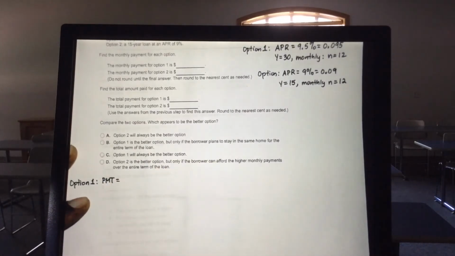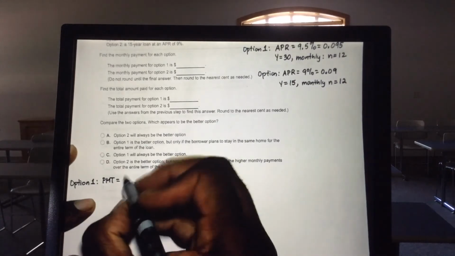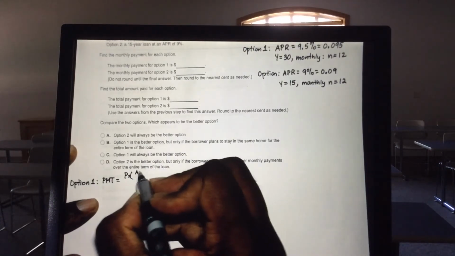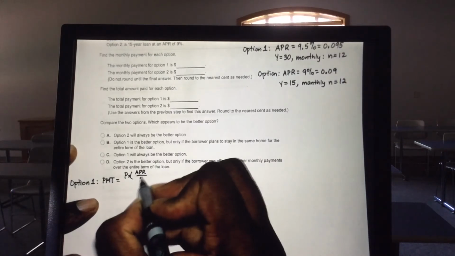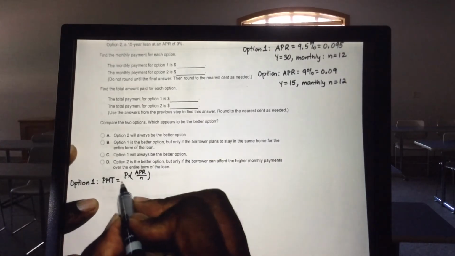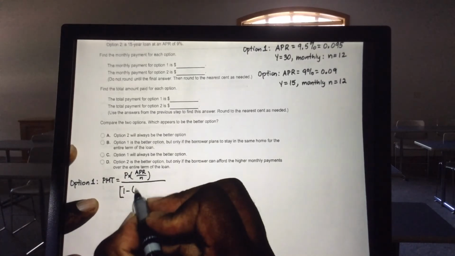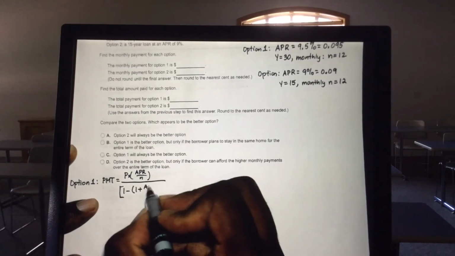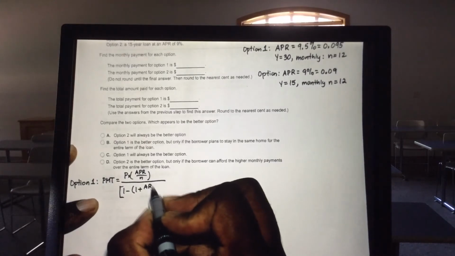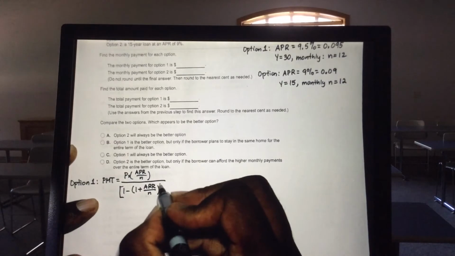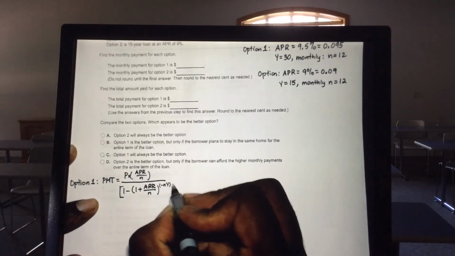Of course, the formula for that would be P times your APR divided by N, all divided by the quantity 1 minus, in parentheses, 1 plus APR divided by N. That's raised to the negative N times Y power.